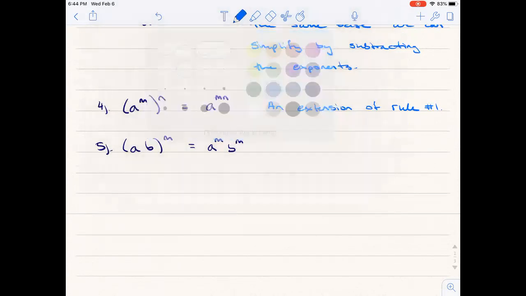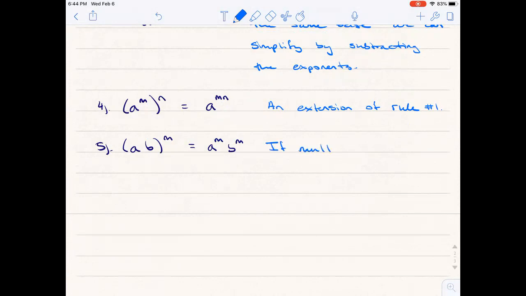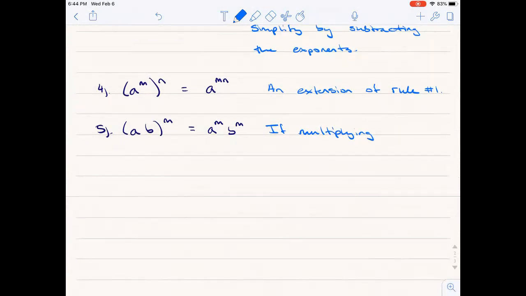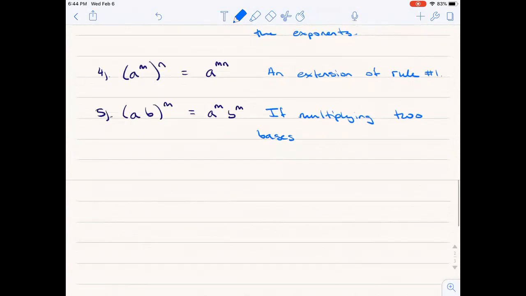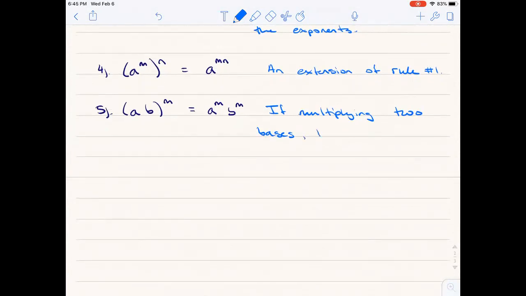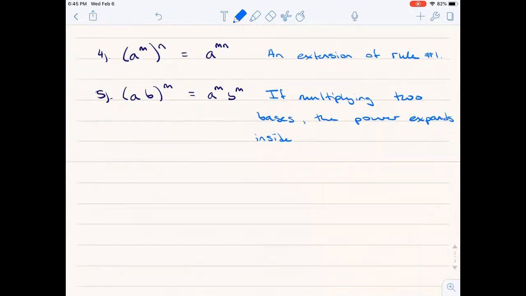So if multiplying two bases, the power expands inside onto both bases.